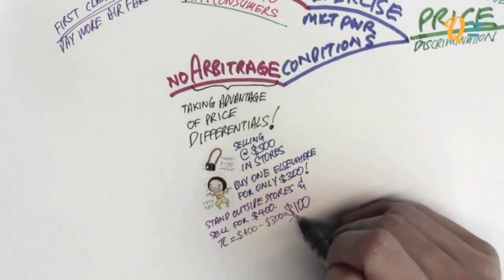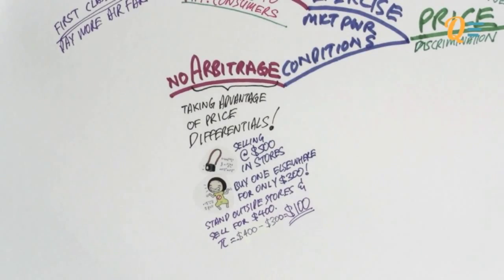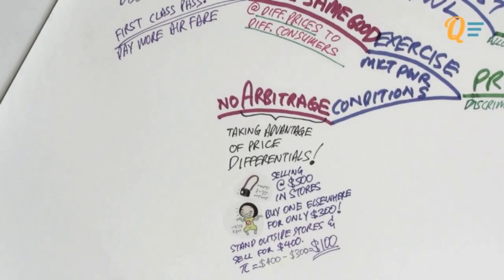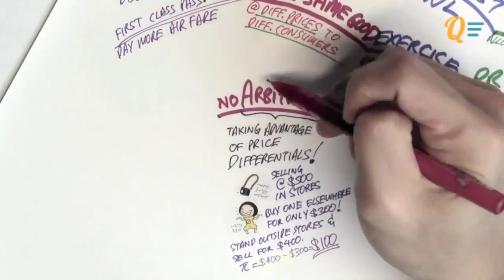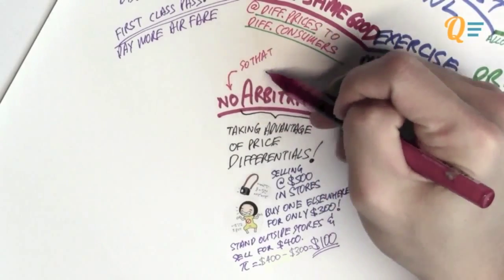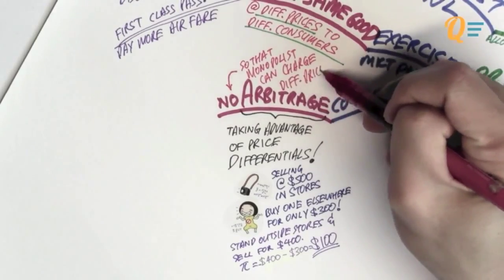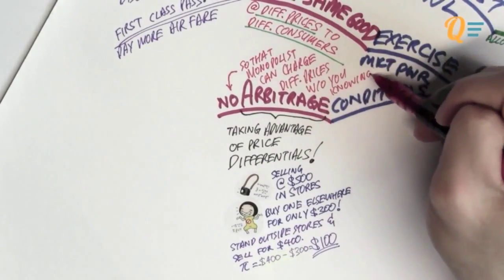Well, that means that you'll be making a profit of $100 for every camera that you sell to a passerby. So that's an arbitrage opportunity right there, and monopolists can't have this in the society. If not, they won't be able to do price discrimination. So we don't want to have arbitrage so that monopolists can charge different prices without you knowing it.